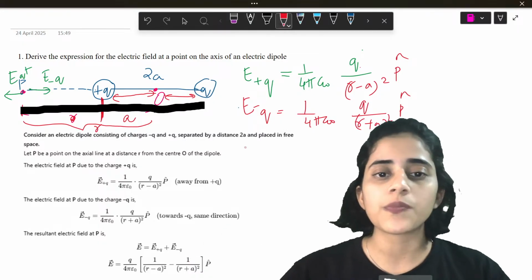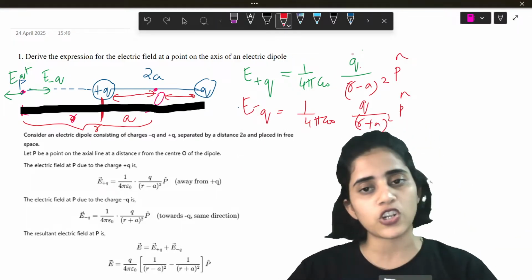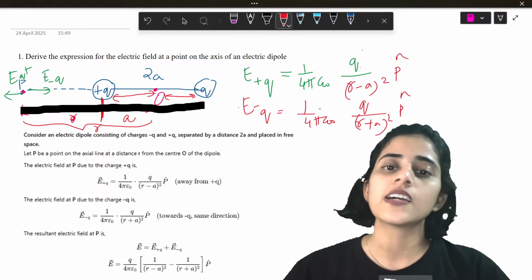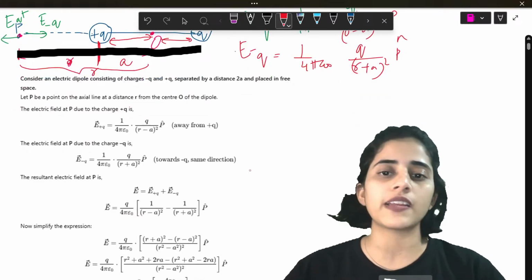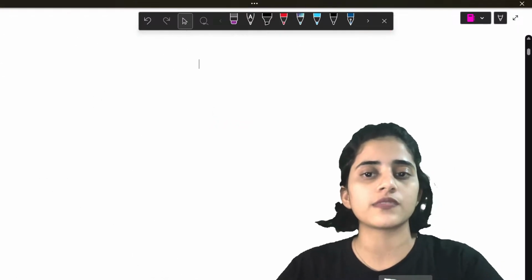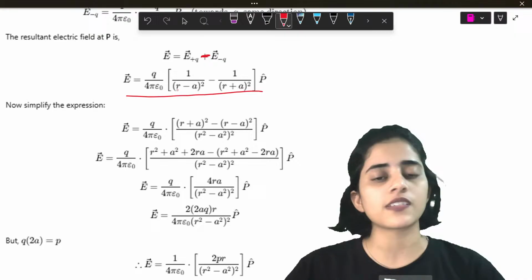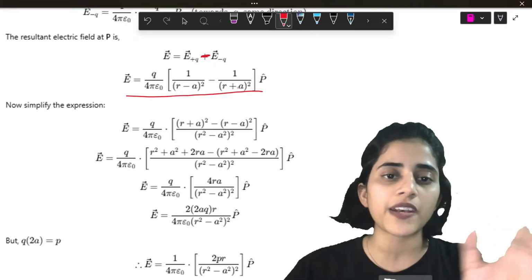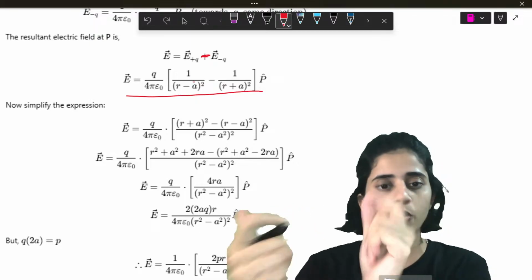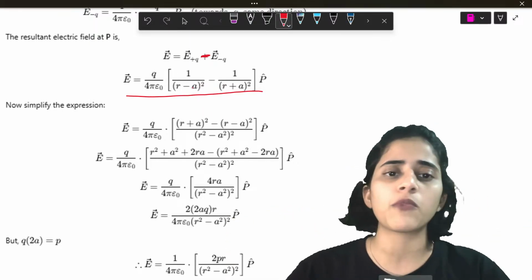The total resultant electric field will be 1 by 4 pi epsilon naught Q divided by (R minus A) square minus 1 by 4 pi epsilon naught Q by (R plus A) square. The resultant will be the subtraction of the two, because the two electric fields are in opposite directions at point P. Then you just solve basic algebra.